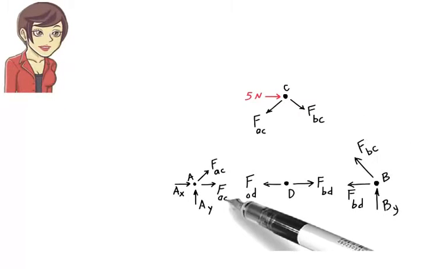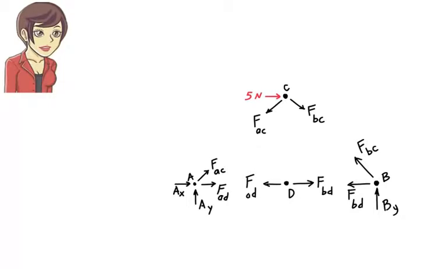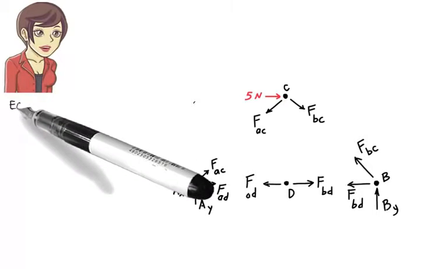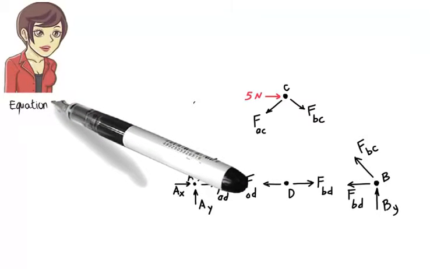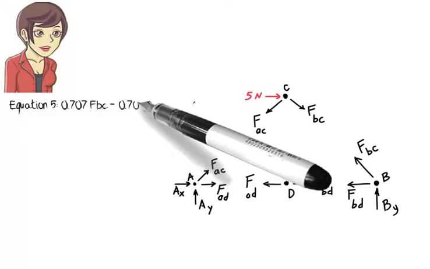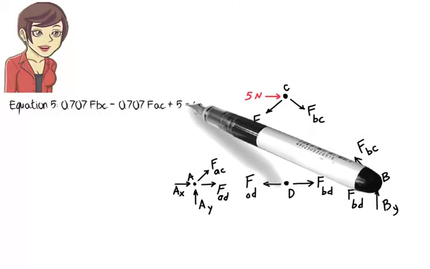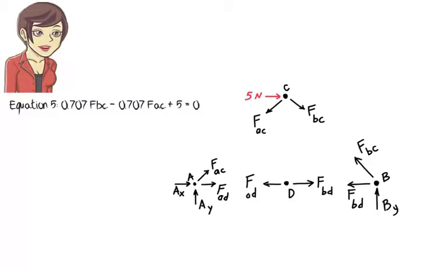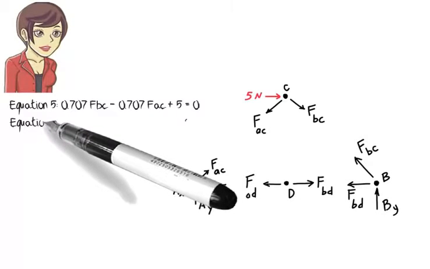Now, if I replace FCD in the joint free body diagrams with 0, and scan the diagrams again, I notice joint C now has only 2 unknowns. Then I should be able to solve for the unknowns using equations 5 and 6. Here they are in the simplified form where FCD is replaced with 0. 0.707 FBC minus 0.707 FAC plus 5 equals 0.